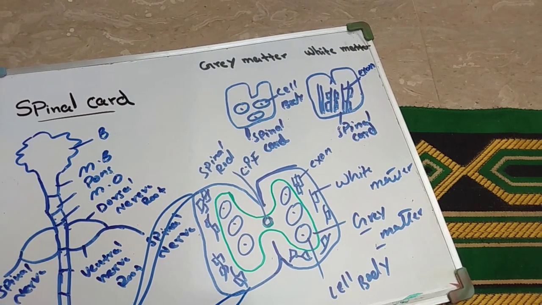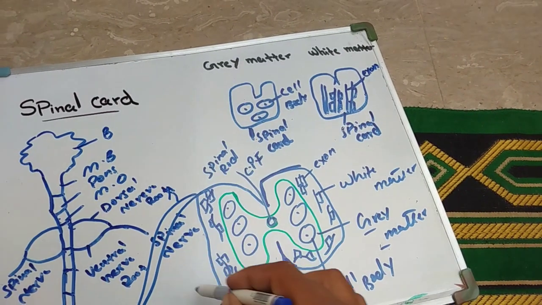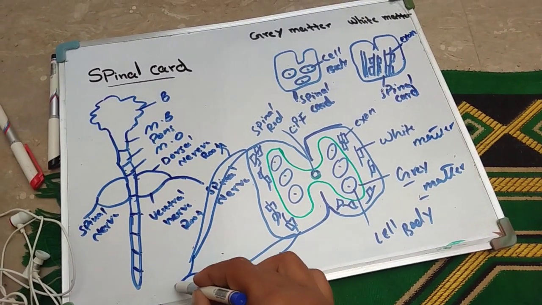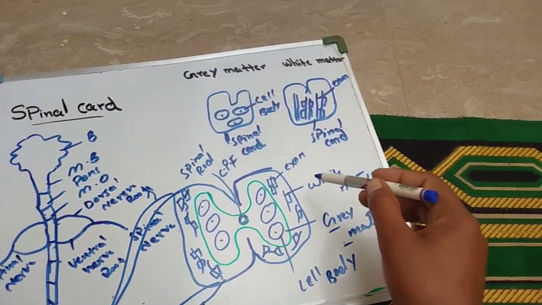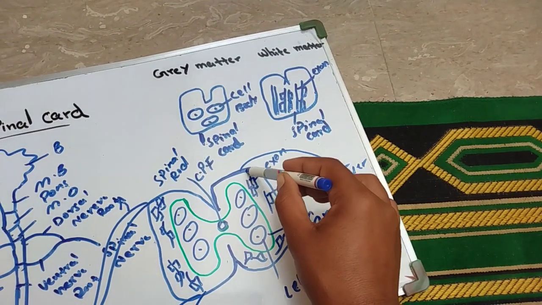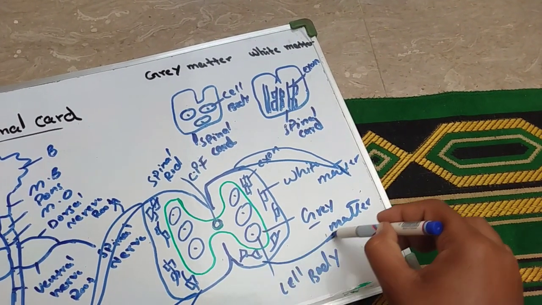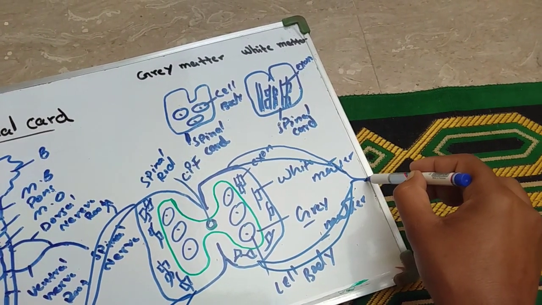This is called the dorsal nerve root and this is called the ventral nerve root, and both join to form a single spinal nerve. This is called the spinal nerve.